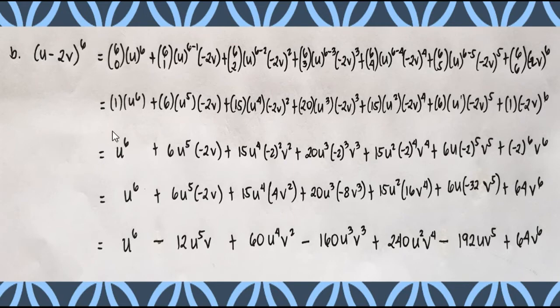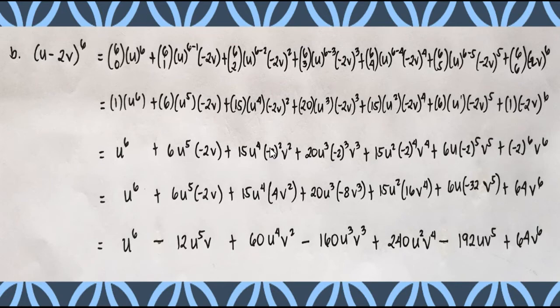Then, simplifying further, 1 times u to the power of 6, that is u to the power of 6, plus 6 times u to the power of 5, times negative 2v, copy, plus 15 times u to the power of 4. This time, we distribute our exponent to each coefficient, so that is negative 2 quantity squared. We put it in parentheses to include the negative inside. If it is not in parentheses, the square would not include the negative.